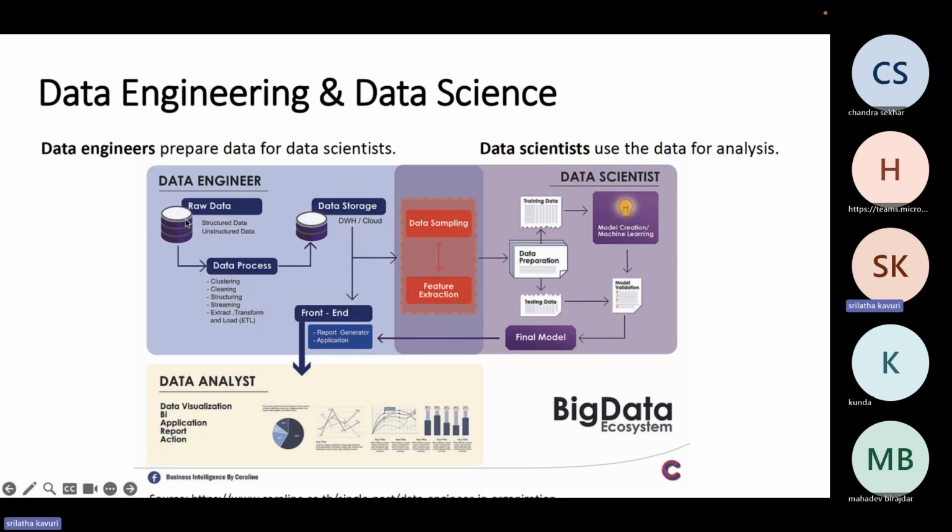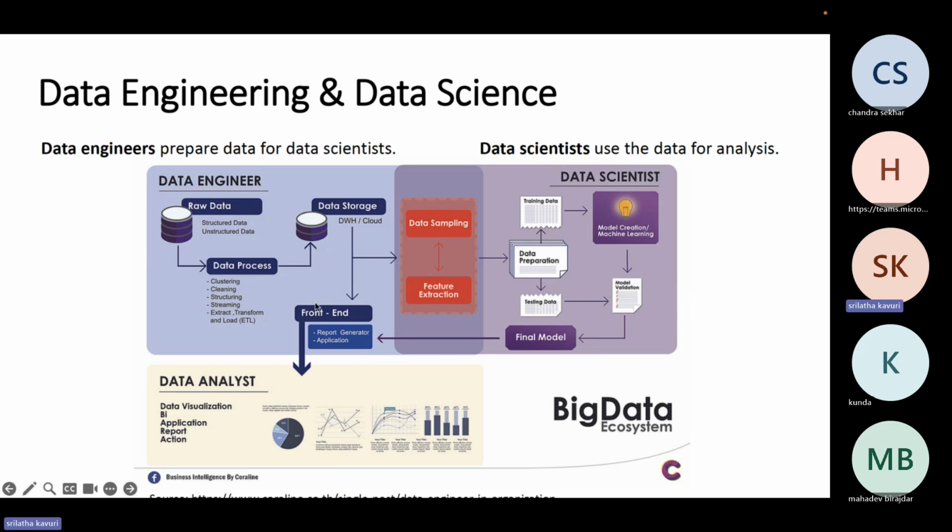A data engineer will be collecting the raw data, processing it, and then storing it here and there. See here, you could see data scientists taking the data that is modified and stored, and using it to train the algorithms. At the same time, the same data set can also be utilized by the data analyst to build reports and so on.